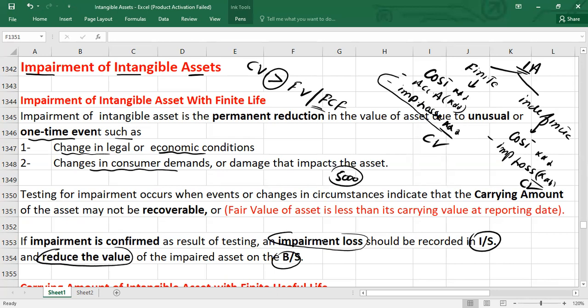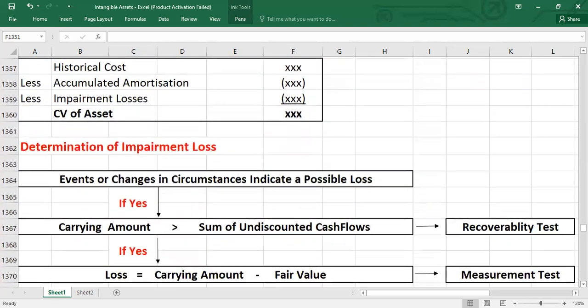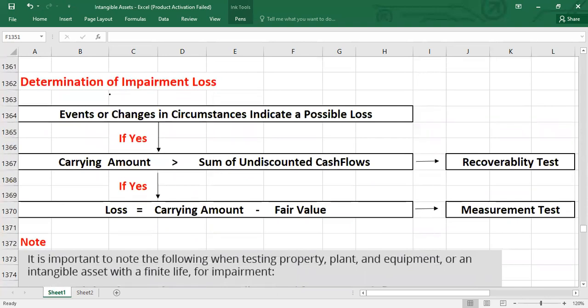Now we are going to calculate the impairment loss. If you want to determine the impairment loss, first of all I'm assuming our intangible asset has a finite useful life, meaning the useful life is known.